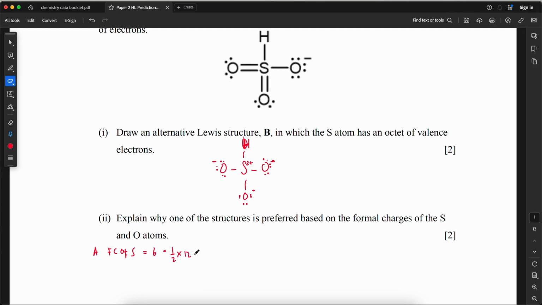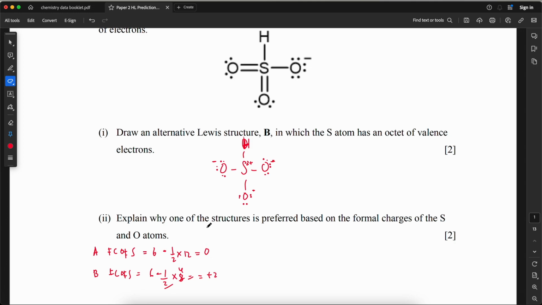There is no non-bonding electron, so that would be 0. But for structure B, the formal charge of S would be 6 minus half of the bonding electrons, which would be 8, right? And there are no non-bonding electrons, so that would be +2.